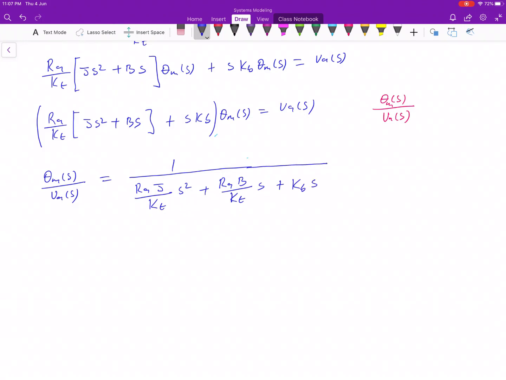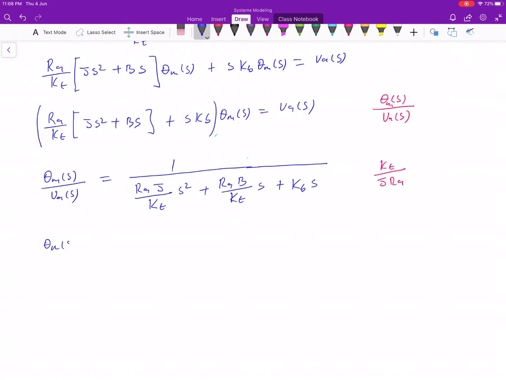If we multiply through by KT RA, because we want to have this in standard form, so if I multiply both sides, top and bottom, by KT J RA, it will force this to be in the standard form.